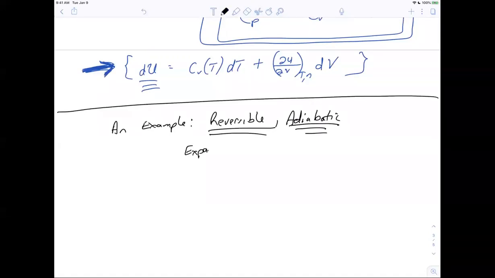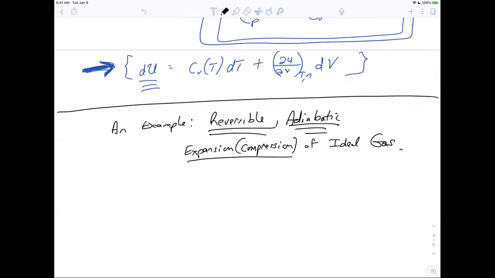It doesn't matter. We're going to have a volume change, expansion or compression of an ideal gas. By this, what I mean is that volume will change. So there will be a V1 and a V2 in this process.